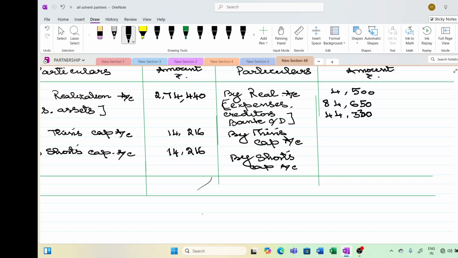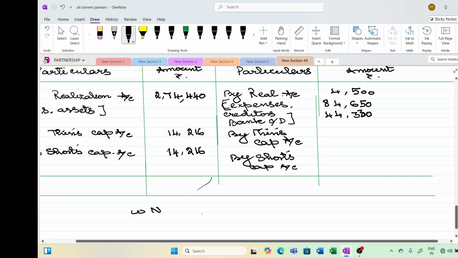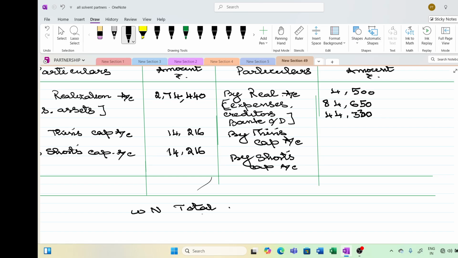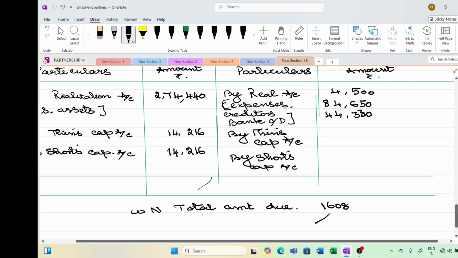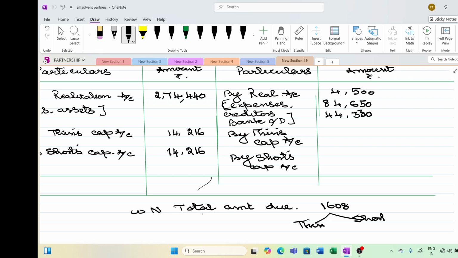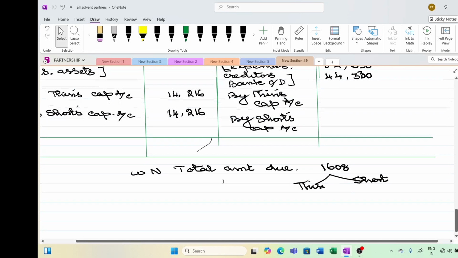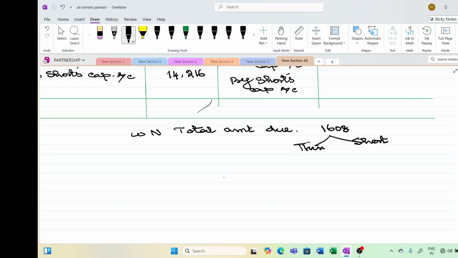So now you can make a working note, total deficiency due from Fat, 1608. This has to be borne by both the solvent partners, Thin and Short, because they are having credit balances. This has to be borne by them in their capital ratio. What is their capital ratio? 80,000 and 50,000.